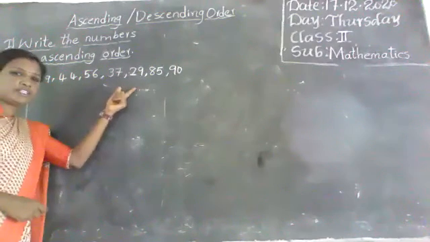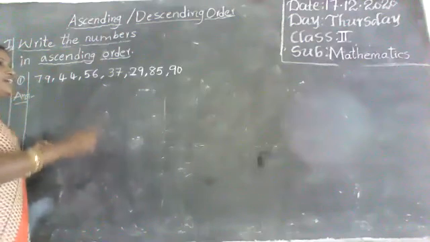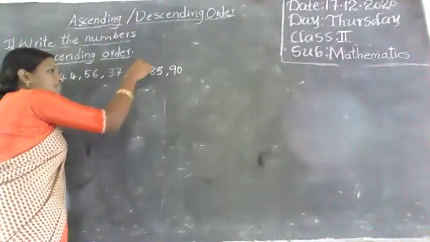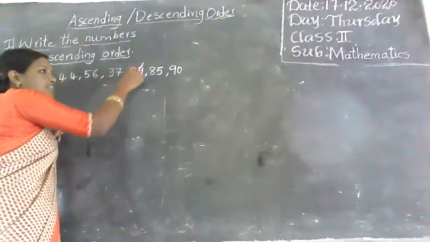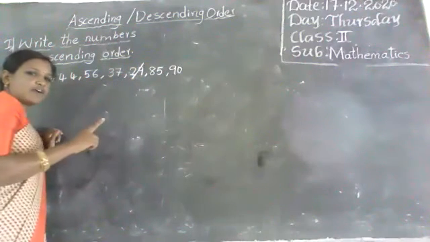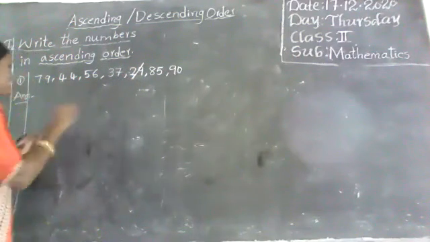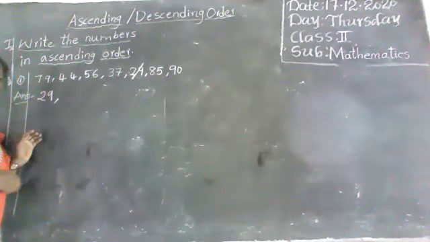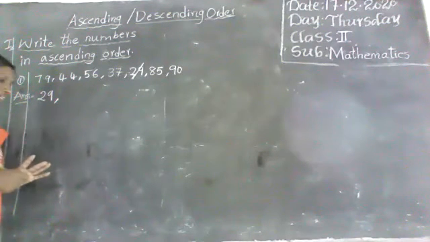Very good, 29. So you cut it like this, children. The smallest number is 29, so we write 29 here. First one over. Next.